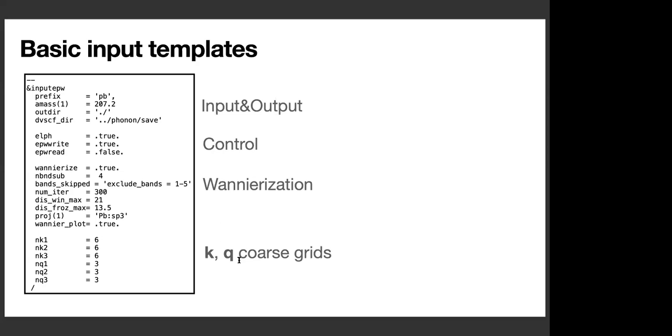Roughly speaking, the first block is related to the input and output, the second one is the control of runs, the third one is related to the Wannierization, and the fourth one is related to the k and q coarse grid.